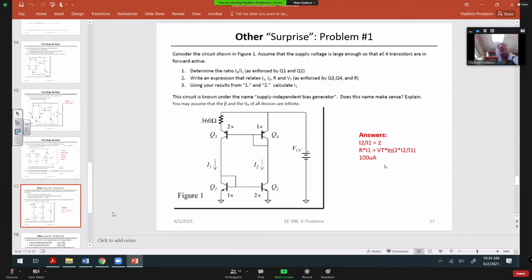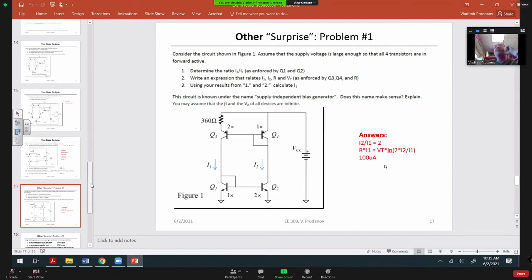So if you see 2A or 2X, this means that this device is twice as big as this one physically. Or one way to understand it is this is simply my lazy way of not depicting all the components. These 2X will effectively be 2 identical devices that match the size of this one, but all connected in parallel. The 2 bases tied together, the 2 emitters tied together, the 2 collectors tied together.